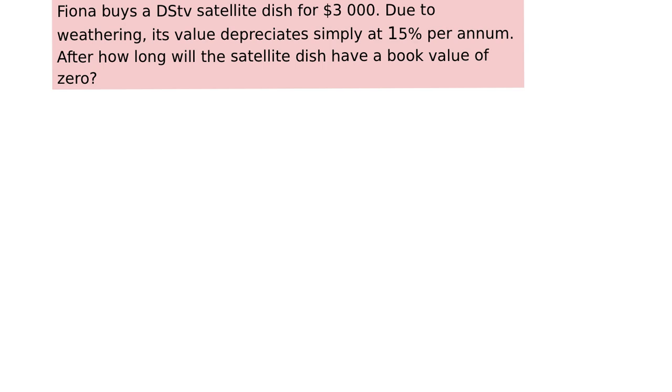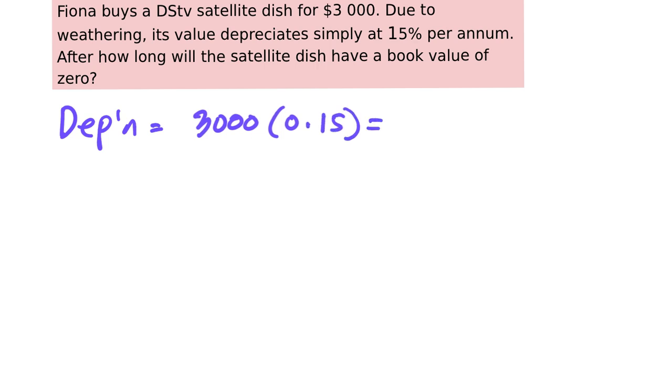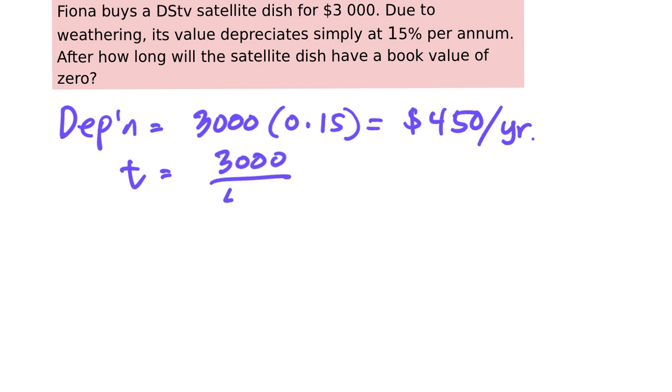First, we can just look at the depreciation, which is the 3,000 principal multiplied by 15%, giving us the depreciation per year, and that's 450 per year. With this information, you can get the time, which is 3,000 divided by 450 per year. This gives you around 6.6667, or simply 7 years.